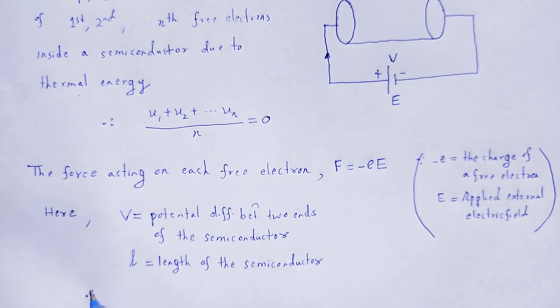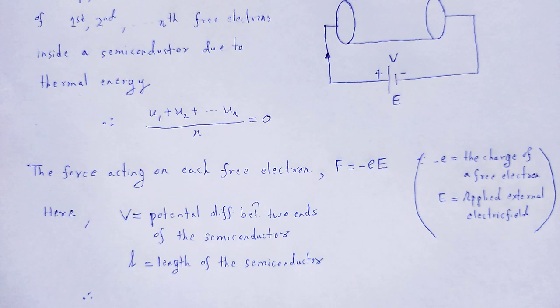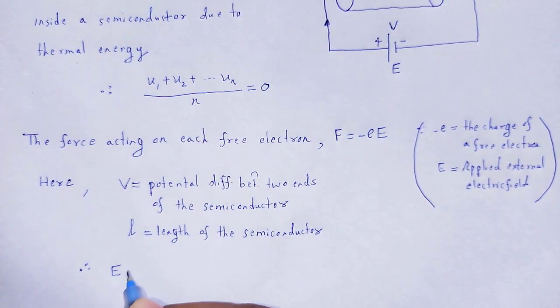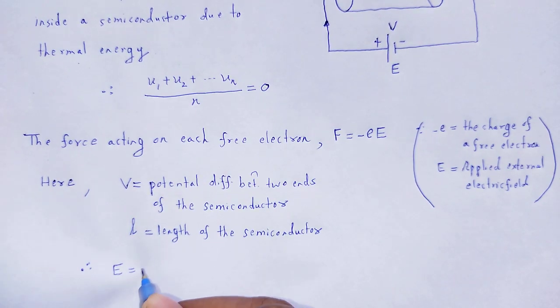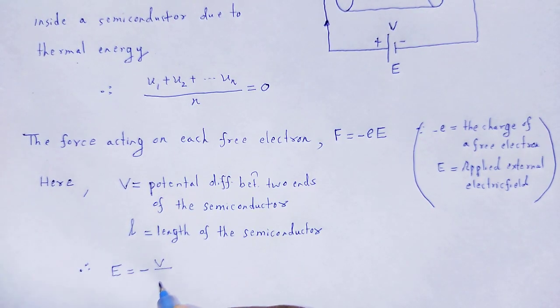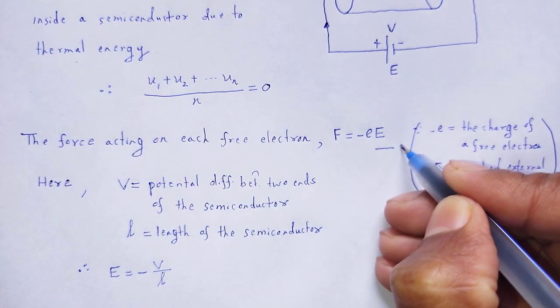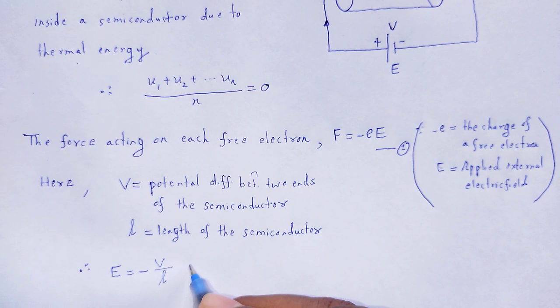Therefore, the relation between applied electric field and the potential is electric field E is equal to minus V by L. That one is equation number 1, this one is equation number 2.